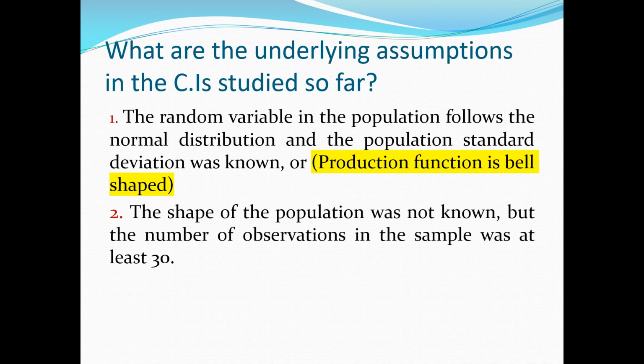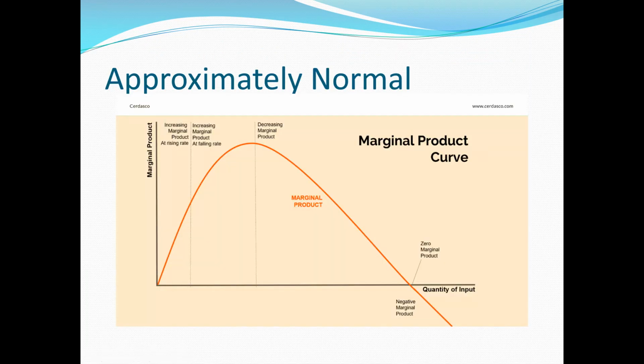Okay, so what are the underlying assumptions in the confidence intervals studied so far? The assumptions are that the distribution is normal, or if the distribution is not normal, then the sample size is greater than 30. For example, if you have a background in economics, you know that the marginal productivity curve has a shape like this, which is roughly bell shaped.